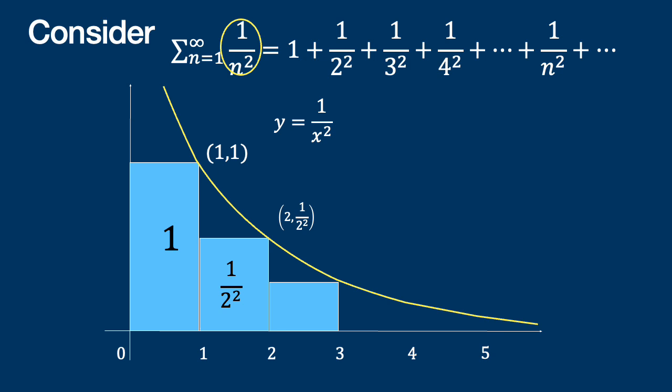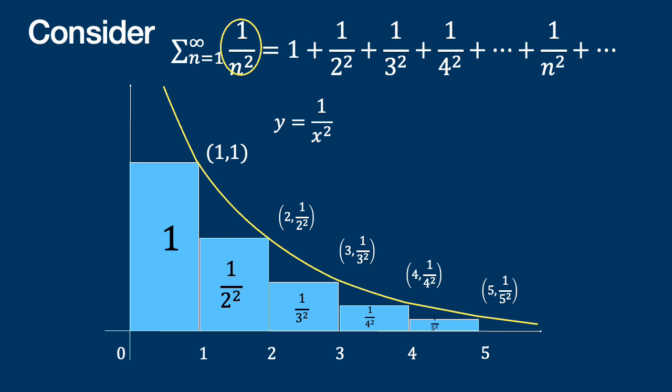I find the point on the curve, that's 3, 1 over 3 squared. The base is 1, the height is 1 over 3 squared, the area is 1 over 3 squared. So that's the third term. So on. That's the area of each rectangle right there. Fourth rectangle, the area is 1 over 4 squared. Fifth rectangle, 1 over 5 squared.